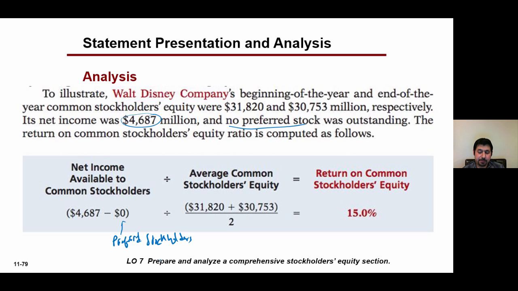So we divide the net income by the average common stockholders' equity, which is the beginning balance and ending balance over 2. That would tell us that return on common stockholders' equity is 15%. Basically, every dollar invested in common stock in Walt Disney will earn $0.15 for stockholders.